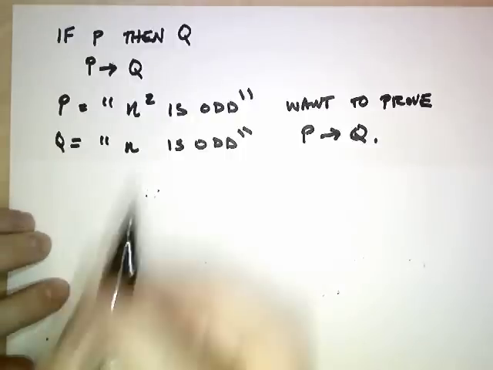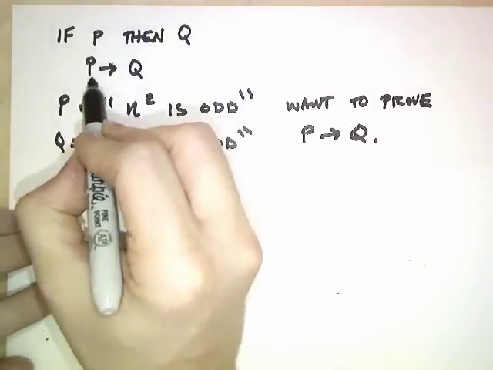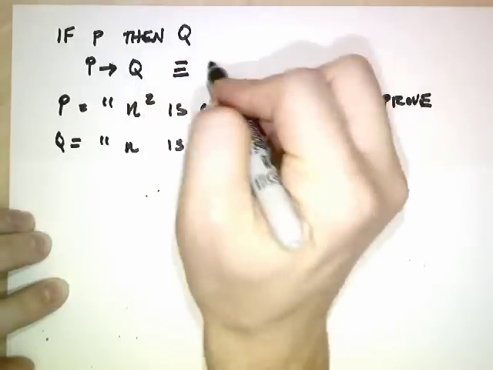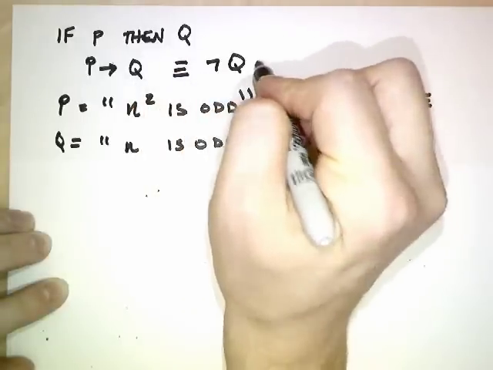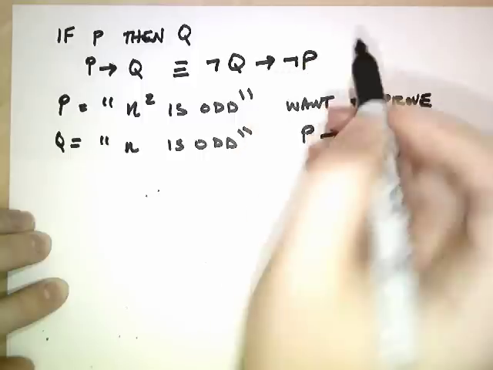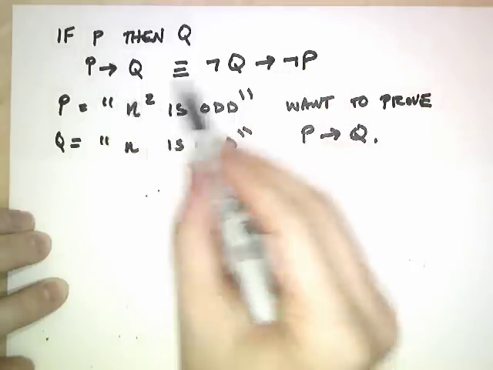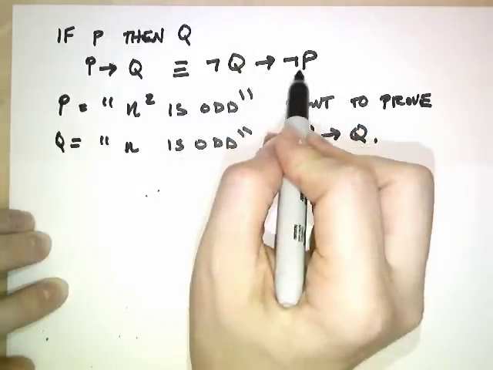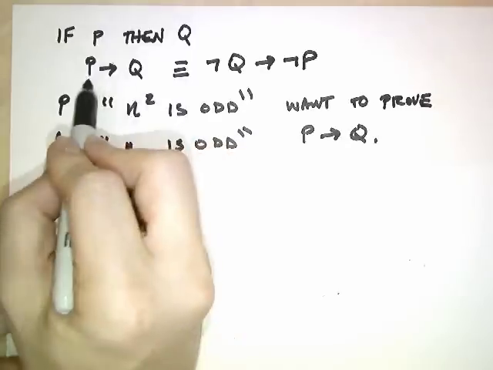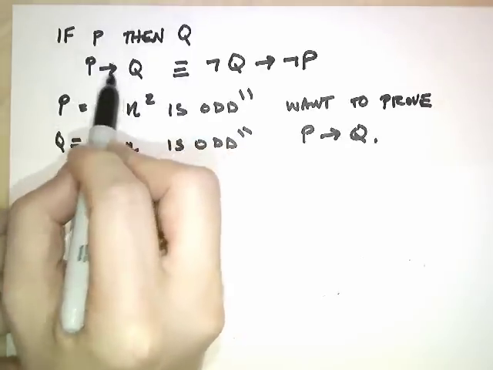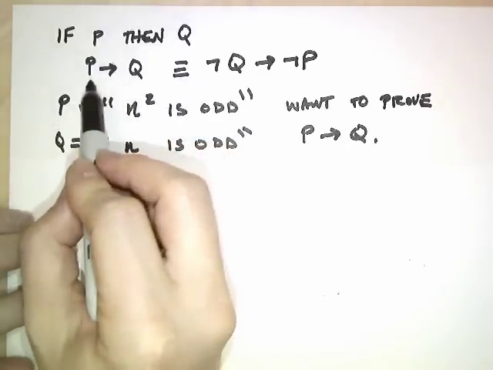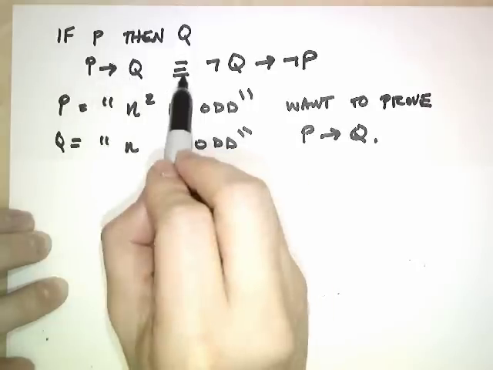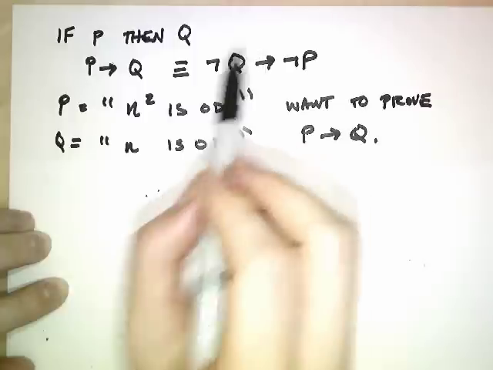It turns out that whenever you want to prove a statement of the form P implies Q, it's equivalent to prove that not Q implies not P. This is often referred to as a proof by contradiction, and not Q implies not P is often referred to as the contrapositive of P implies Q. I would suggest that you sit down and think, offline, why is it that proving P implies Q is equivalent to proving not Q implies not P?